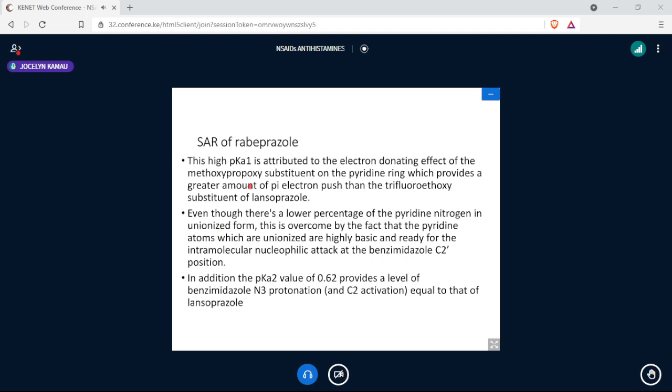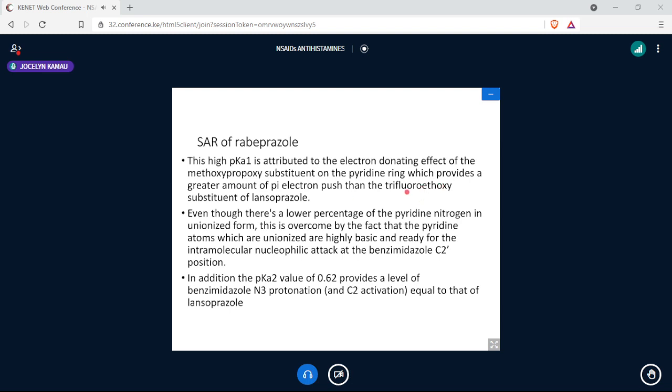The high pKa1 is attributed to the electron-donating effect of the methoxypropoxy substituent. If you look at the methoxypropoxy group, it is very long and does not have any halogen like the others. The others have a halogen, so this one does not. The methoxypropoxy on the pyridine ring provides a great amount of pi electron push compared to the trifluoro group.